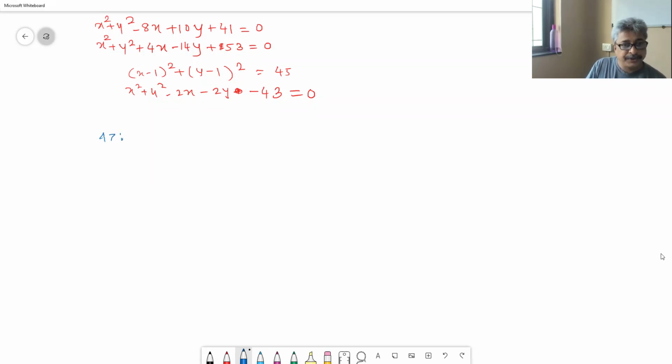Consider points Ai (xi, yi), 1 less than or equal to i less than or equal to n.